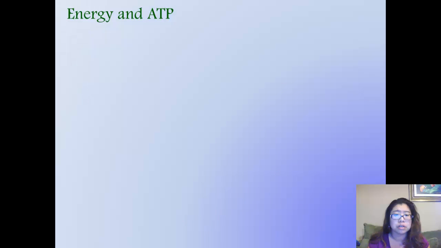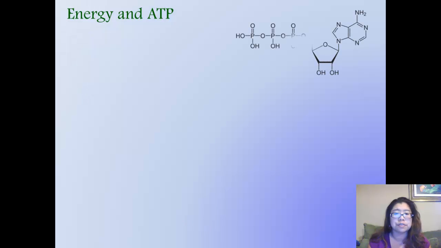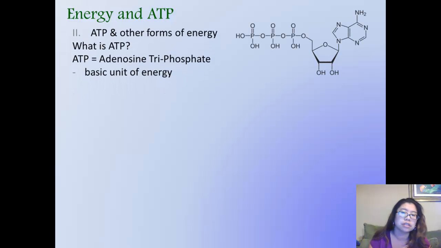The next thing we're going to talk about is ATP and other forms of energy. You hear this word all the time. What is ATP? ATP stands for adenosine triphosphate. The reason it's called adenosine triphosphate is that it's a basic unit of energy.